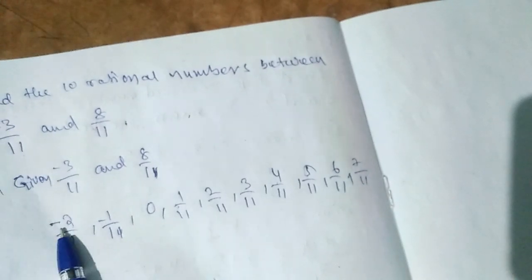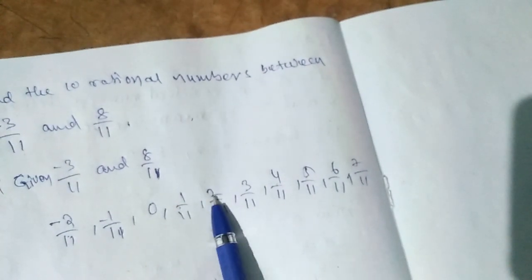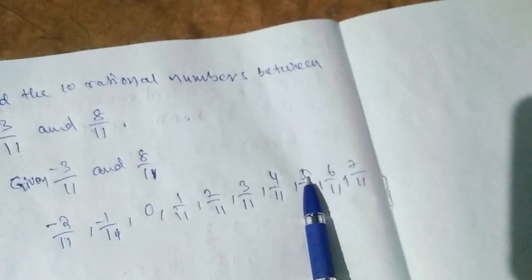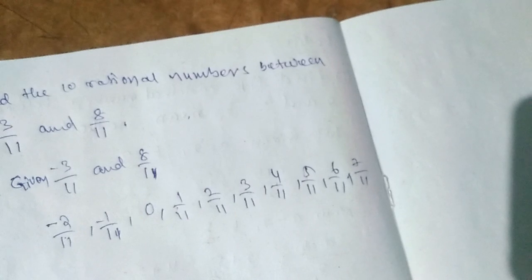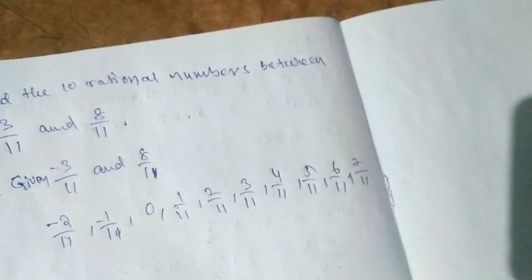So how many are there? 1, 2, 3, 4, 5, 6, 7, 8, 9, 10. These are the 10 rational numbers that lie between minus 3 by 11 and 8 by 11.